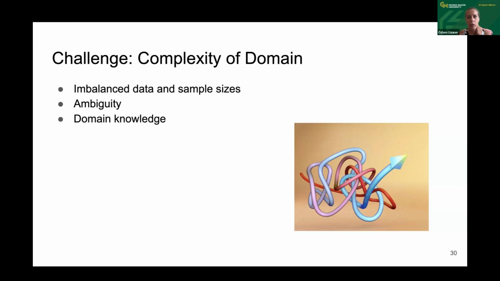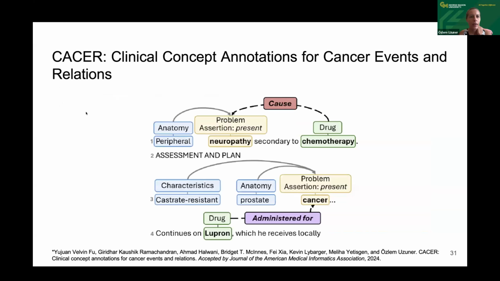Also, ambiguity and domain knowledge come into play when we're interpreting the notes, and systems still lack that level of understanding and interpretation. The task I have here is one for clinical concept annotations in cancer events and relations. So it's an oncology data set, and we're trying to extract the medical problems of the patients. So this is a neuropathy, and location is peripheral, and they were given chemotherapy which caused neuropathy.